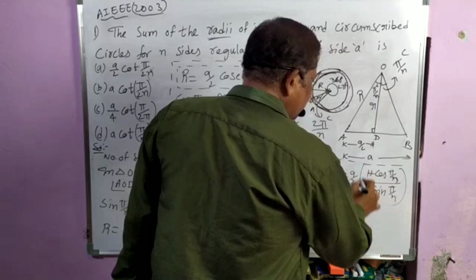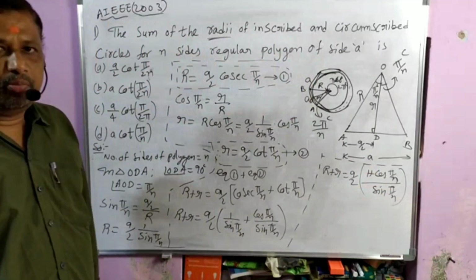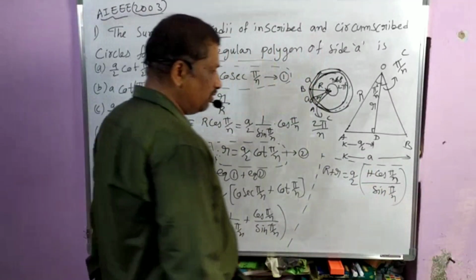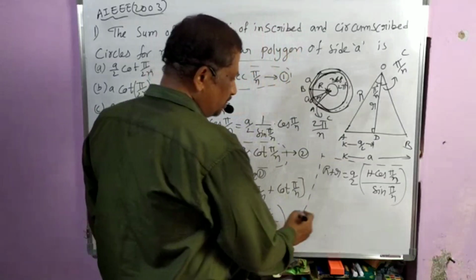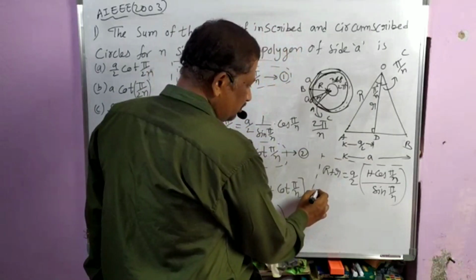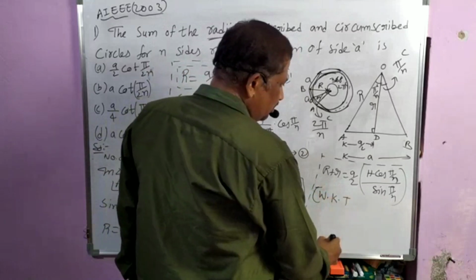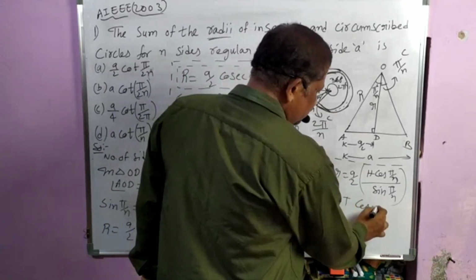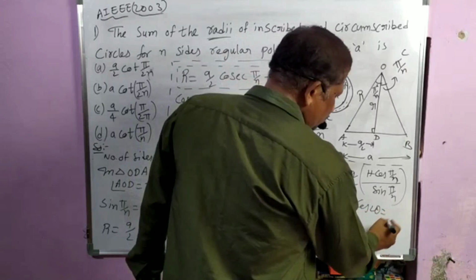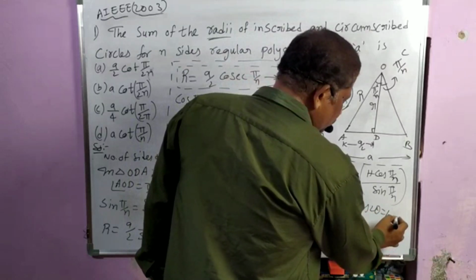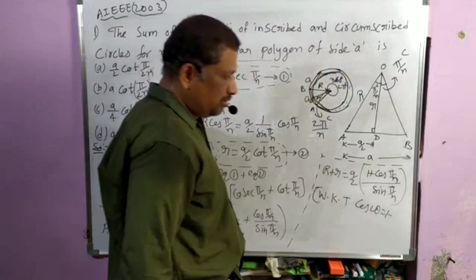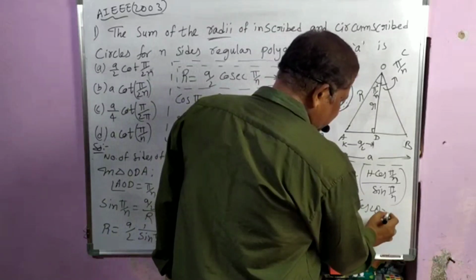Okay? So now we apply the half angle formula. So what is the half angle formula? We know that cos 2 theta is equal to 1 minus 2 sin square theta, or 2 cos square theta minus 1.